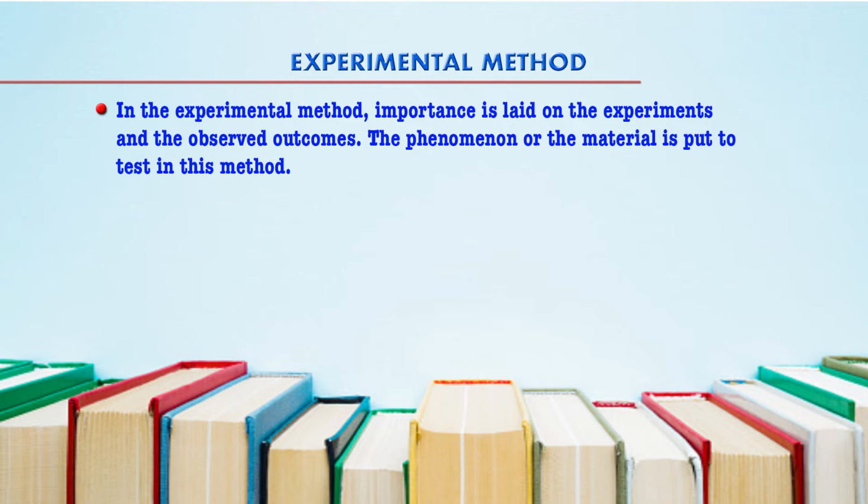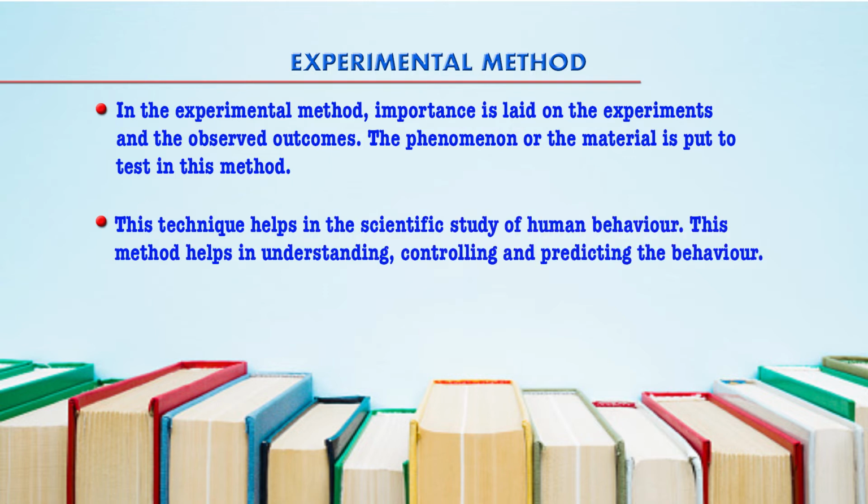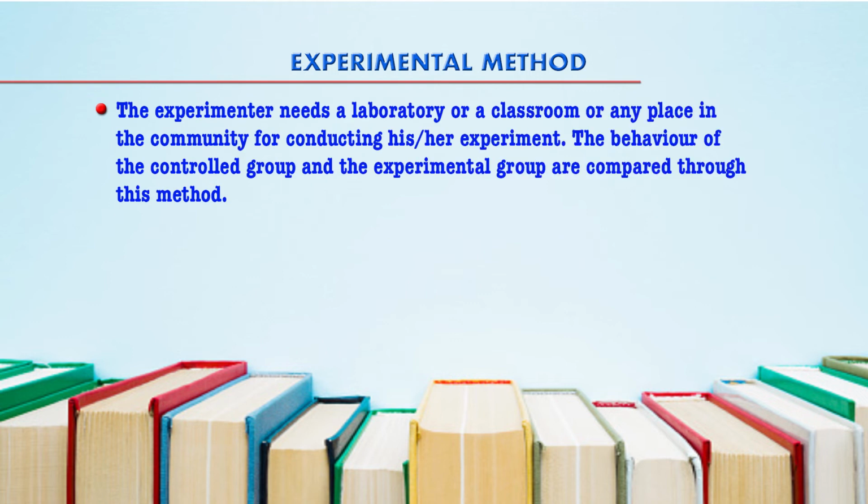The phenomena or the material is put to test in this method. This technique helps in the scientific study of human behavior. This method helps in understanding, controlling and predicting behavior. The experimenter needs a laboratory, or a classroom, or a place wherever he wants to conduct that experiment.